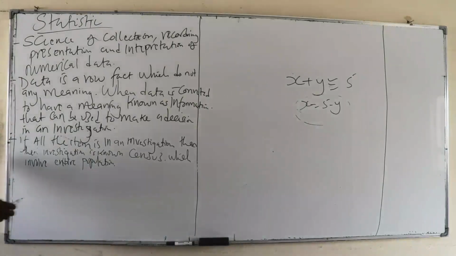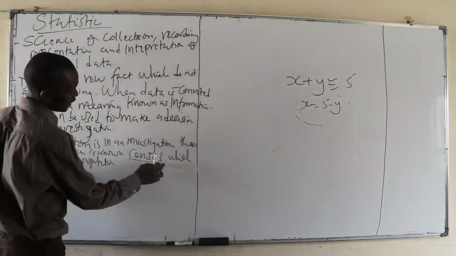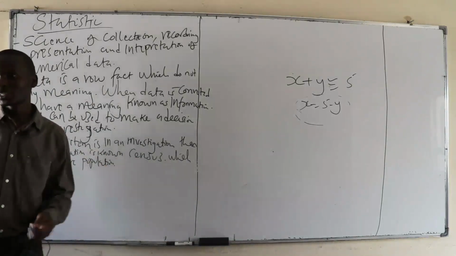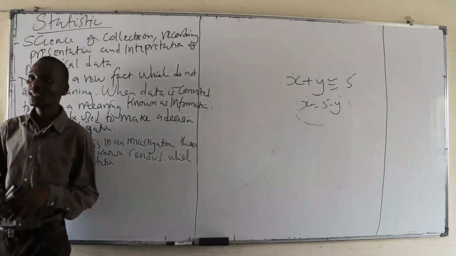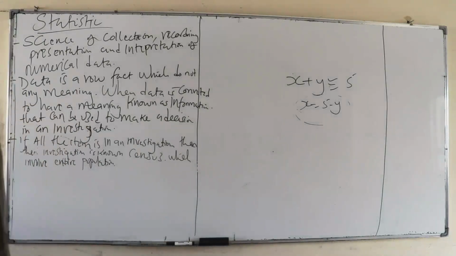Like during our general election, everyone is allowed to participate, or that census of counting people. We know it is a census because everyone in the country is under investigation.